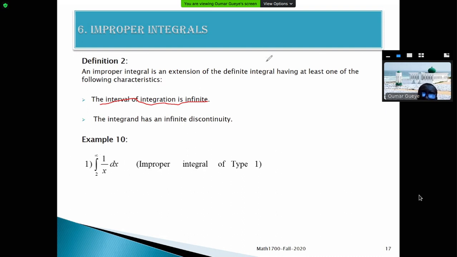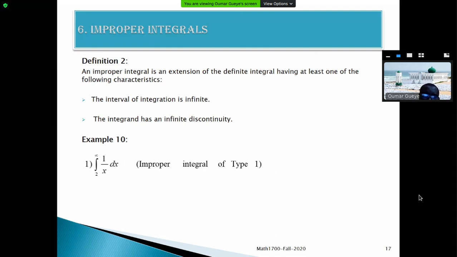And the second one is when you have an integral where the bounds are real numbers, but at some point we have a discontinuity, and that's exactly what I'm going to show you here. So this is an improper integral of type 2. As you can see, the bounds of the integral are real numbers, different from the first example.